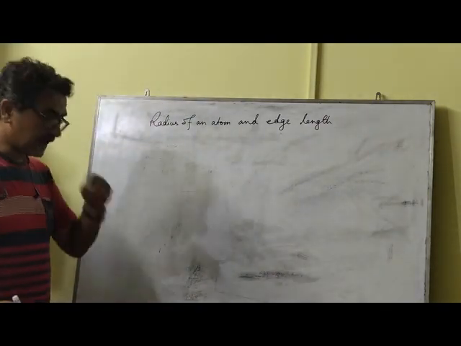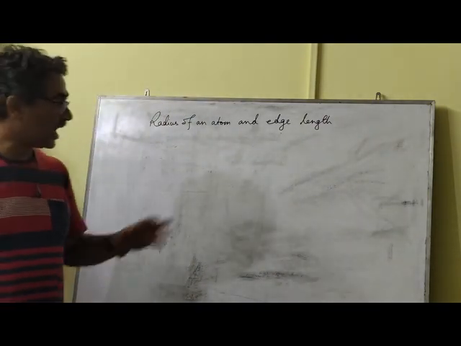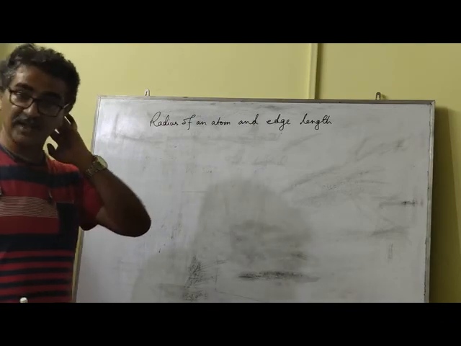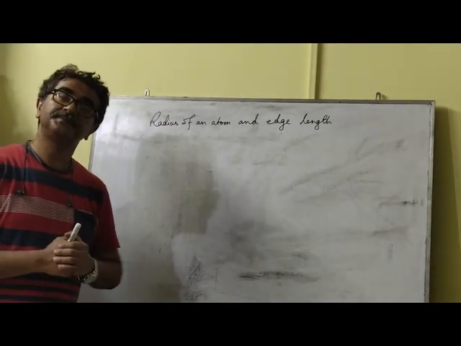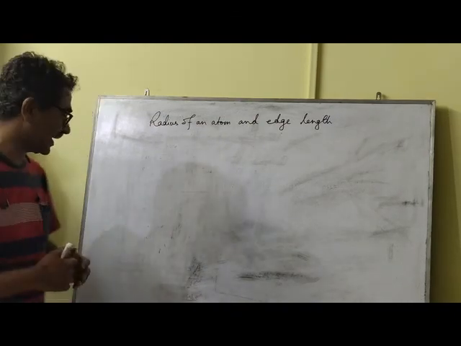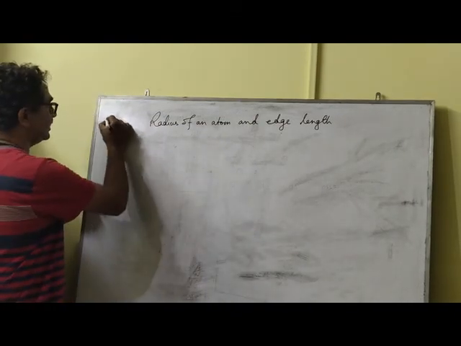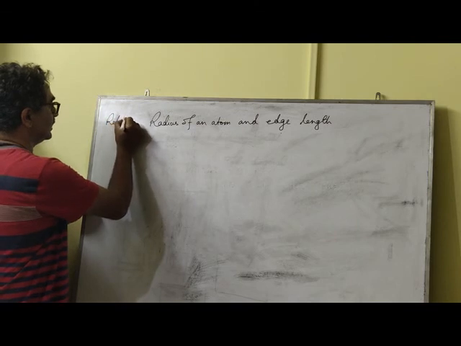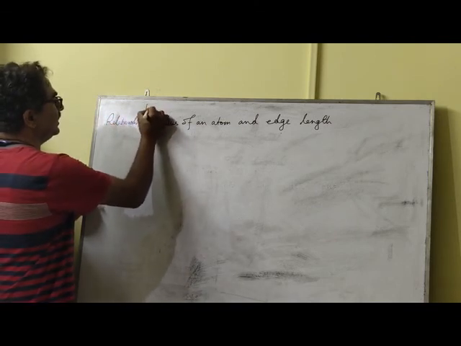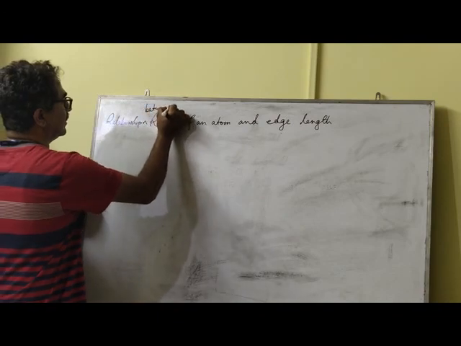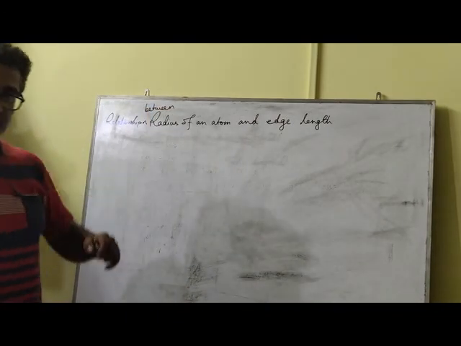This is what you have to learn by heart, because we require it in the next part of this lesson, that is calculation of packing efficiency. So we are going to write the relationship between radius of an atom and edge length.